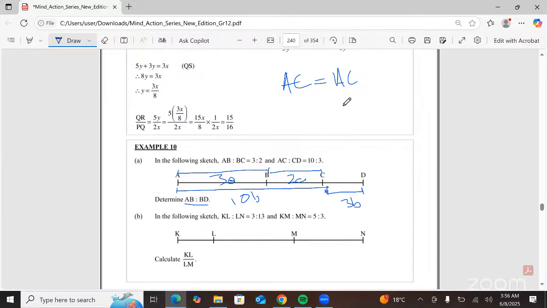Then we say 3A plus 2A is equal to 10B, so 5A is equal to 10B.